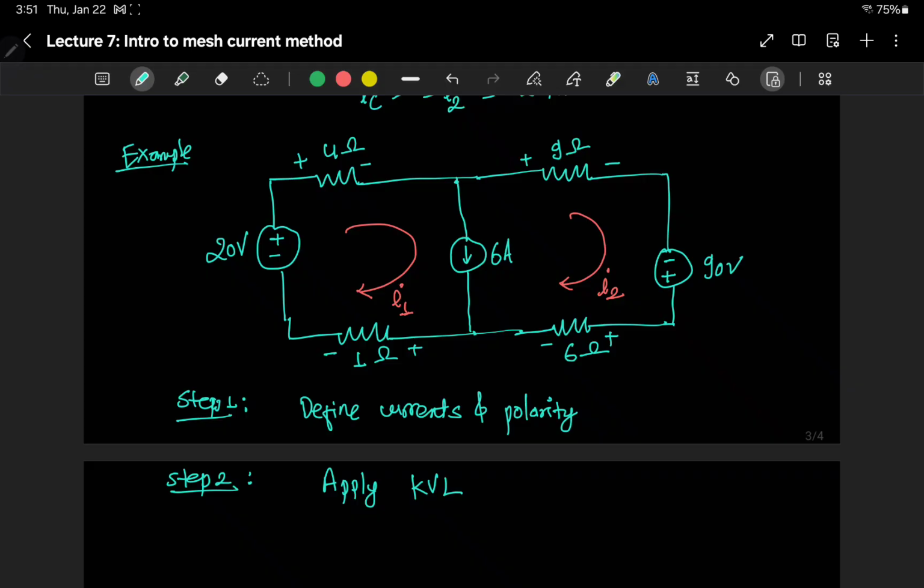So in these situations, we have two non-reference nodes such as this, and a current source. Similar to the node voltage method, if you have two non-reference nodes and then a dependent or independent voltage source, we introduce the concept of supernode. Here similarly, if we have a current source and if we have non-reference nodes, we introduce the concept of super mesh.